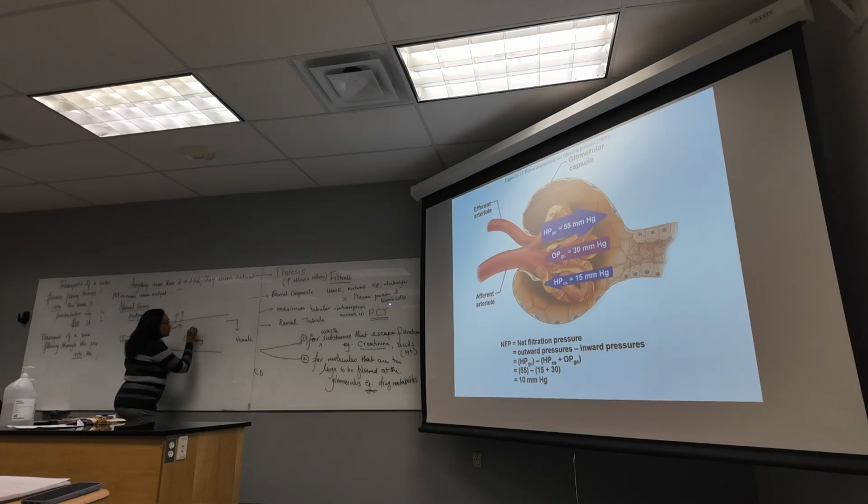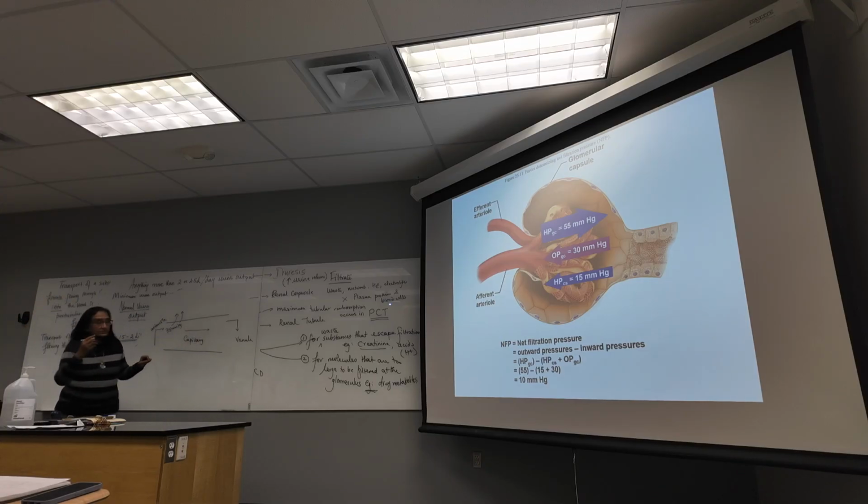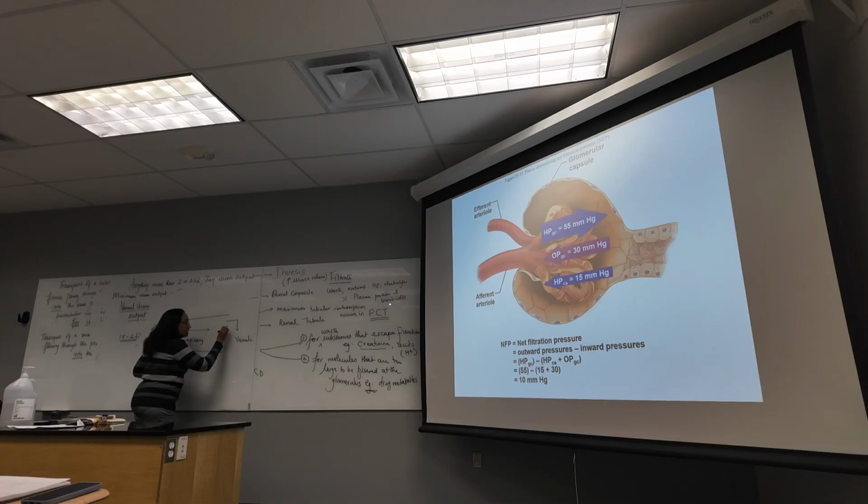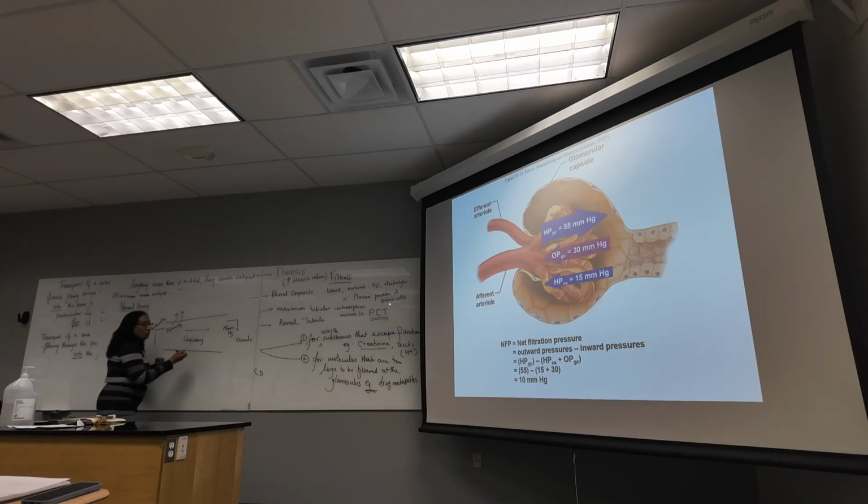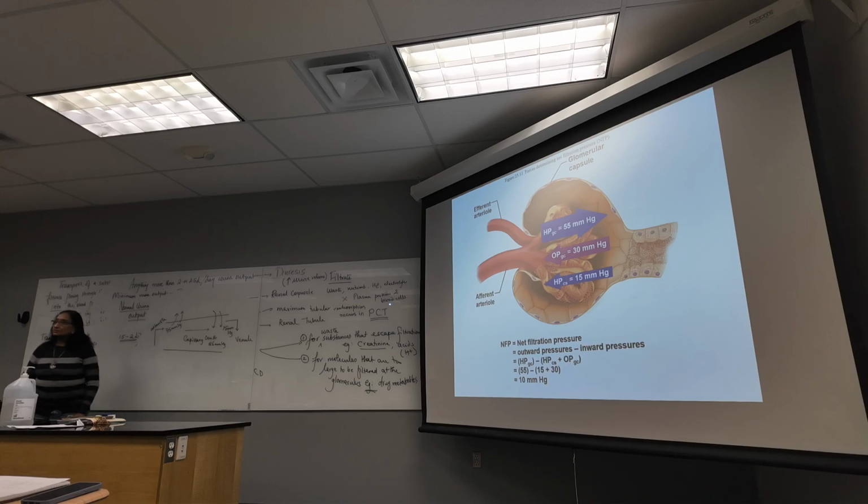And then as blood flows through the capillary and goes towards the venule, the pressure drops to about 15 millimeters of mercury. And your osmotic pressure is around 25 millimeters of mercury all the time. So this is what pulls the water back in along with the waste products.